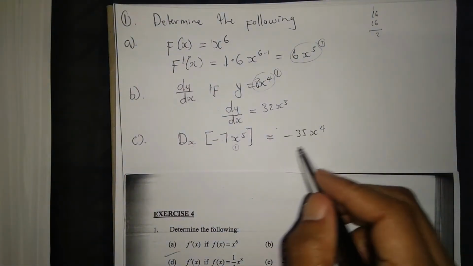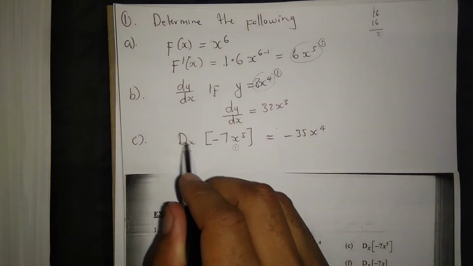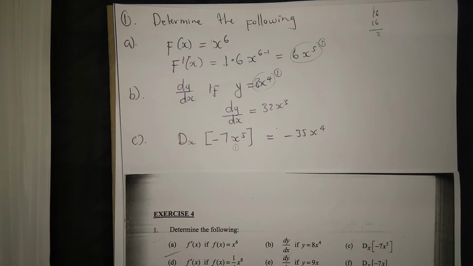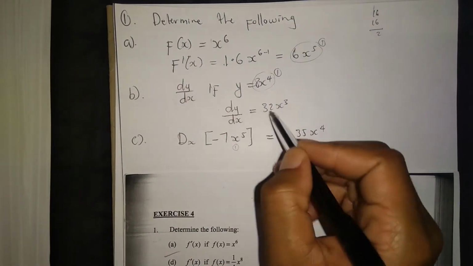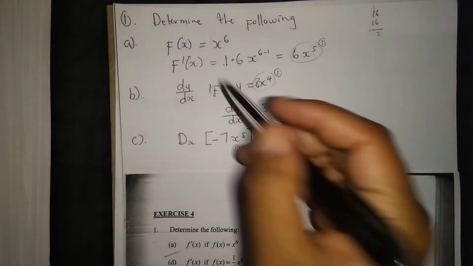Bheka ke nangabe bakuphe notation ka d over dx, after finding i-derivative yakho, you then remove ama brackets. That's your derivative, ne? For dy over dx, you need to say dy over dx equal to your derivative, right?